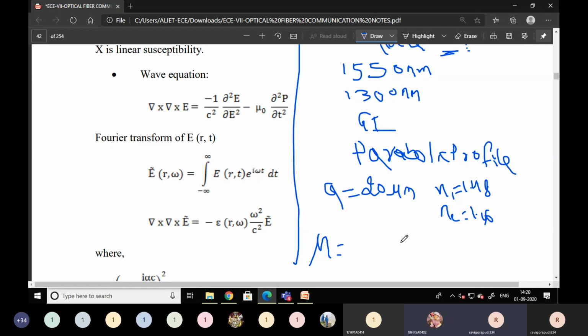Alpha by alpha plus 2 into V square by 2. V square by 2 or this one? Again, you can repeat this answer. Alpha by alpha plus 2 into V square by 2. What is alpha here?